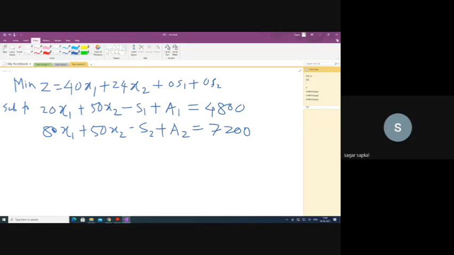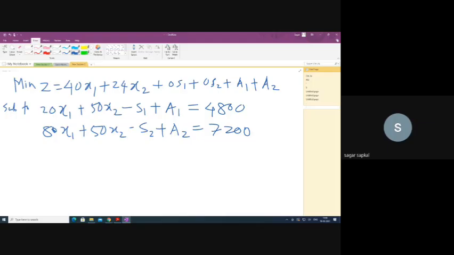Okay, and for a minimization problem, you take only plus 1 as the coefficient of a1 and plus 1 as the coefficient of a2. In big M method, we took M as the coefficient with a plus sign in a minimization problem.